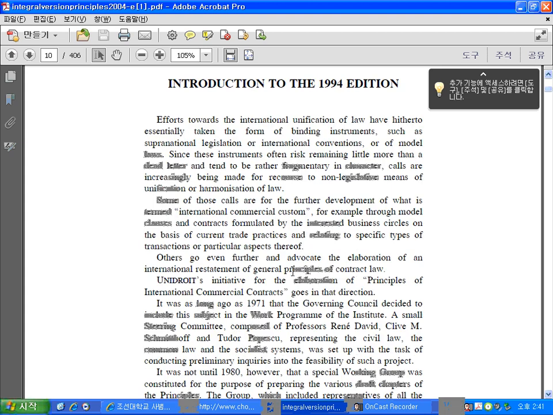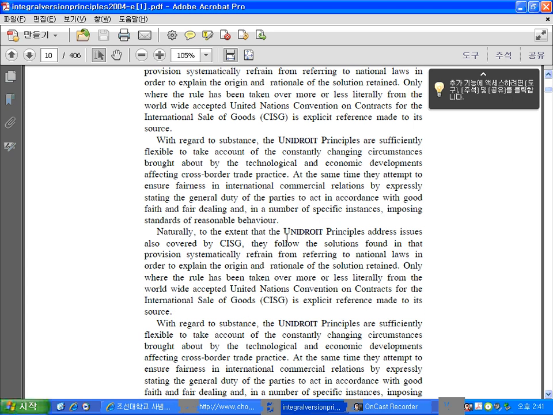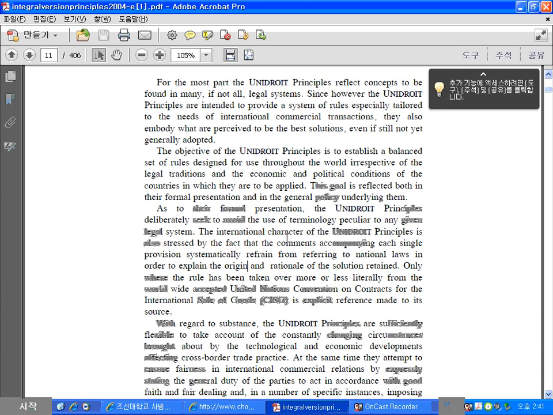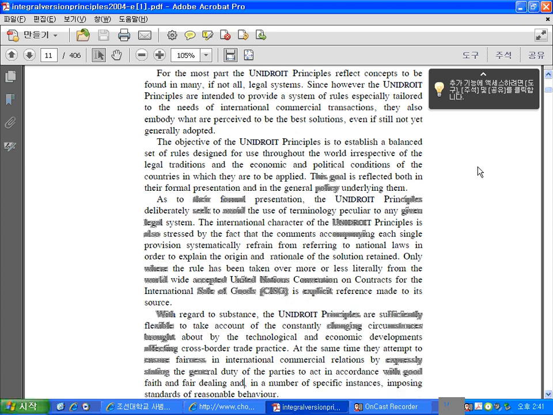And the Unidroit principles, as a matter of law in nature, raised a difficult threshold issue about the scope of application. So the context was spelled out in the title or preamble, as you see.